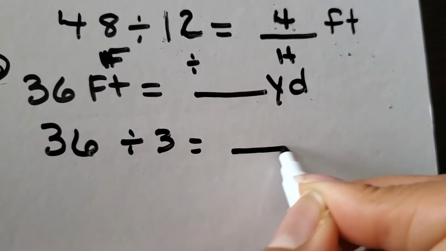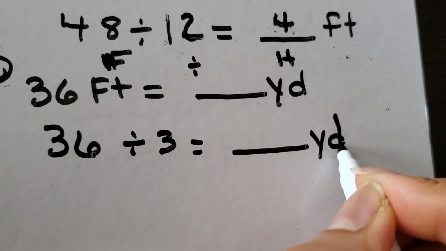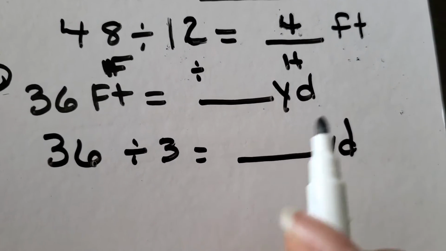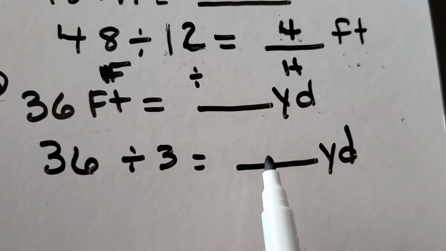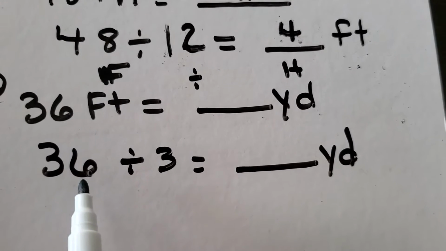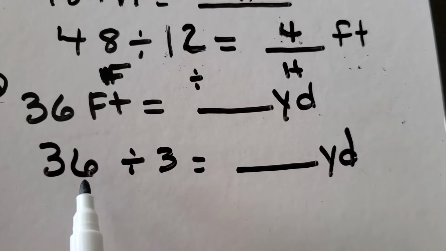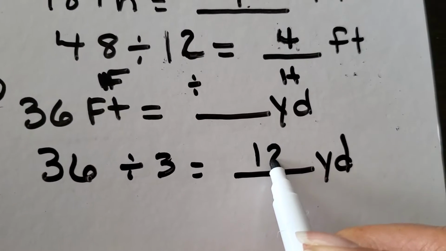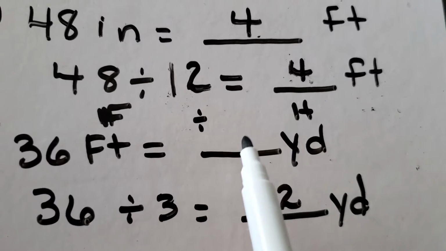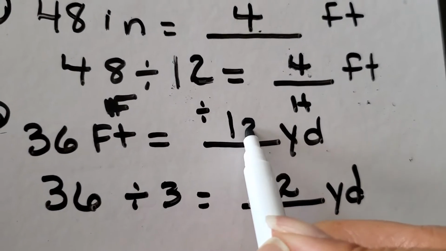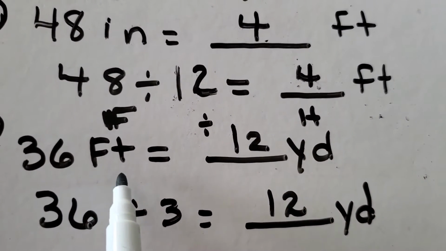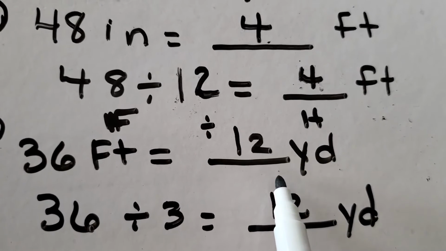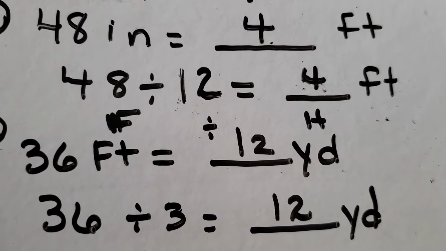But we're not actually dividing, are we, guys? What are we doing? We're multiplying. Ask yourself a question. What number times 3 is going to give me 36? And if you said 12, you're correct. So my answer is 36 feet equals 12 yards.